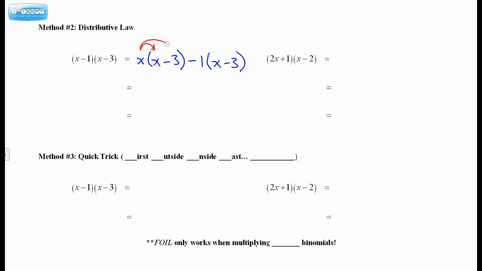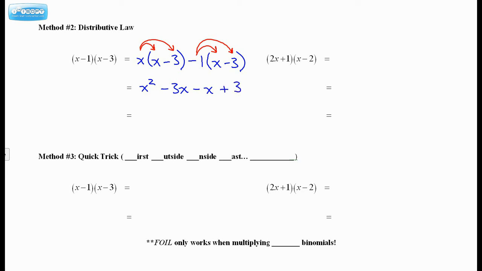So now I can apply the rainbow rule as I normally would. So x times x, I get x squared. X times negative 3, negative 3x. Negative 1 times x, negative x. And negative 1 times negative 3 is positive 3. Okay.